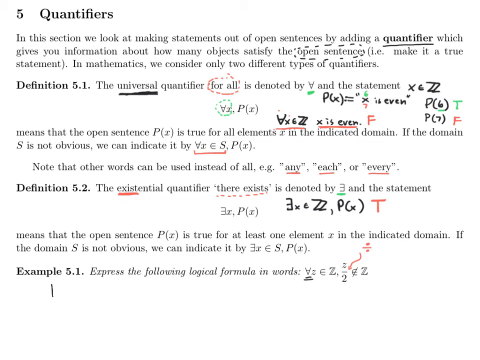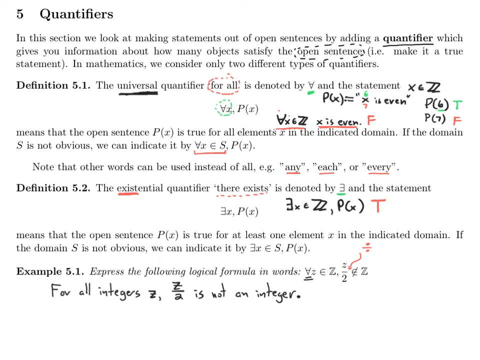One way you could do it would be: for all integers z, z over 2 is not an integer. There's an example of a way of writing this logical formula in words.